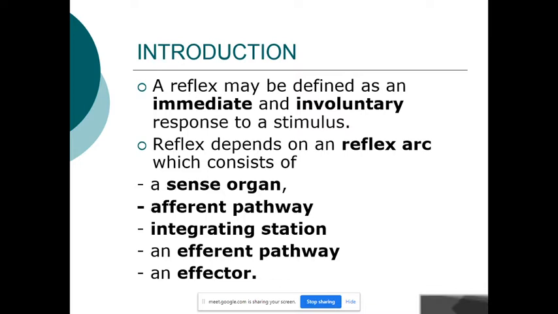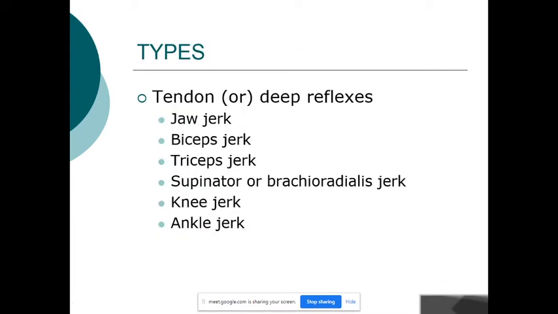Some sudden stimulus, and immediately you see a response to it, which is totally involuntary. And the reflex depends on a reflex arc. I think we have learned all these things in the theory class, and I also told you the reflex arc is an important question. I'm not going into the details of that.